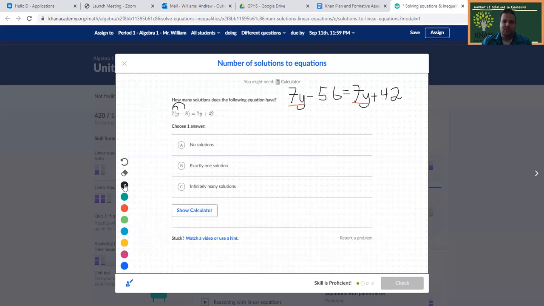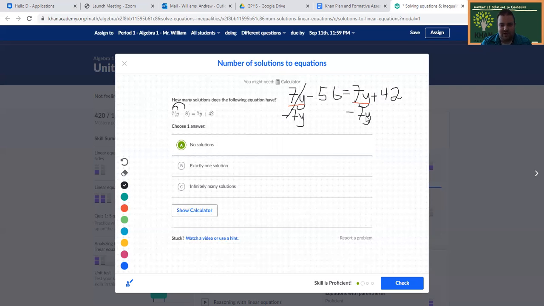That's important. What that basically tells us is that at this point, we already know that there's no solutions, but let me explain why. Let's just try to get all of our variables together on one side. And so we subtract 7y from both sides of the equation. What ends up happening is we end up with negative 56 equals, these cancel, but so do these.